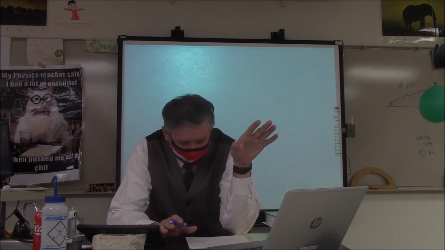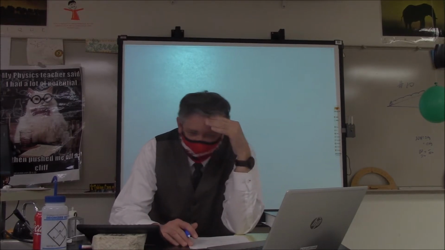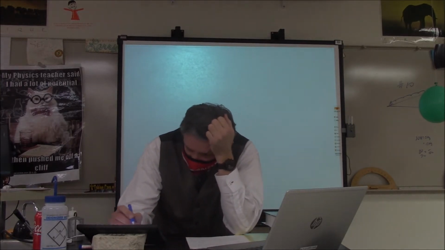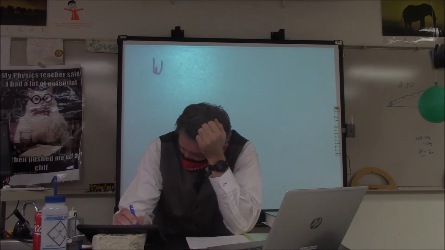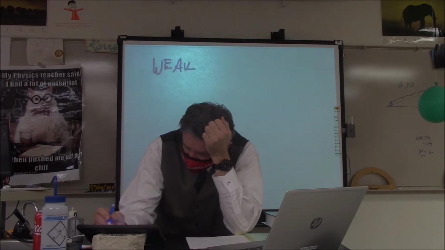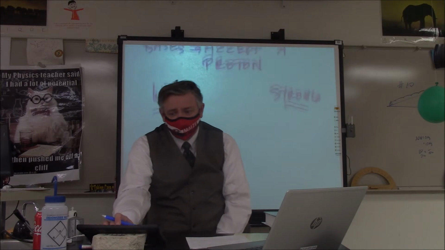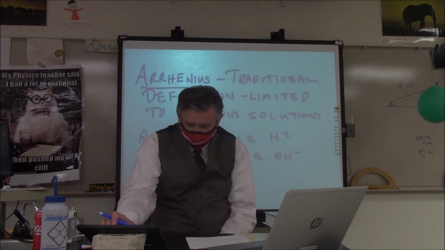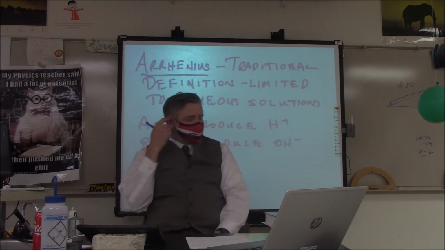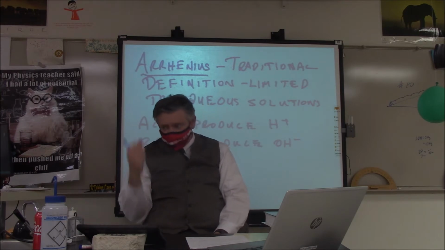Cool. Okay? So, here's the basis of today's lecture. And that's the difference between weak acids and strong acids. Now, here's the deal. You actually have to go back to the definitions of acids and bases.